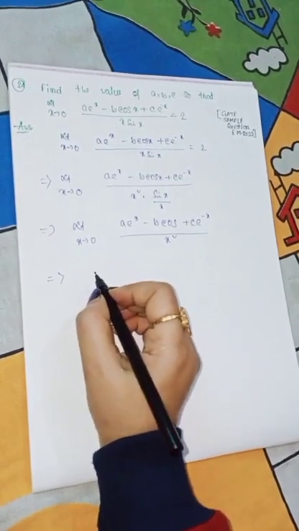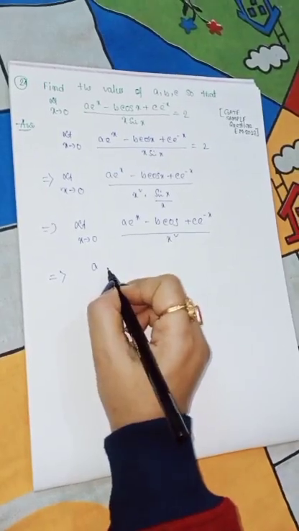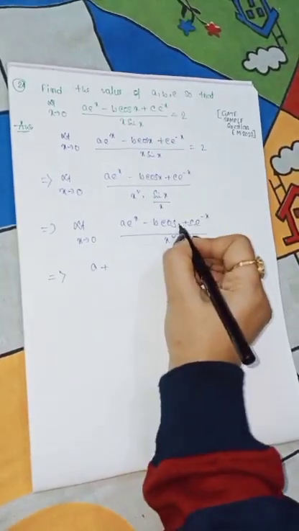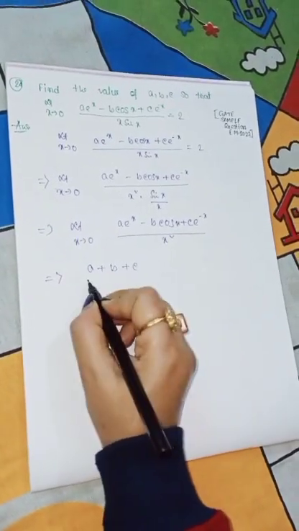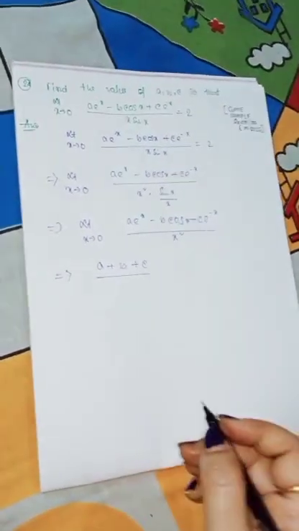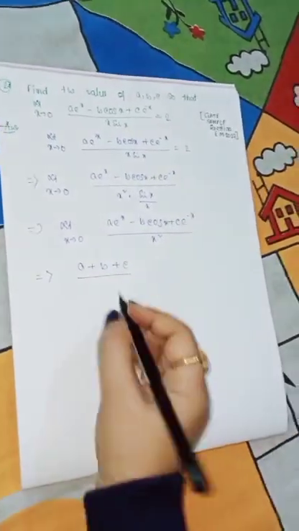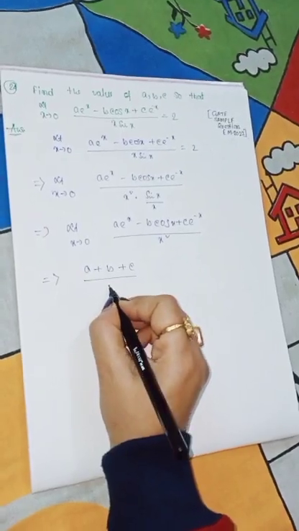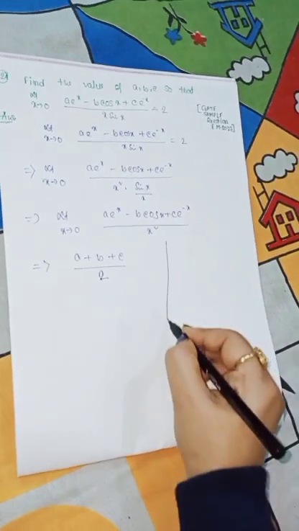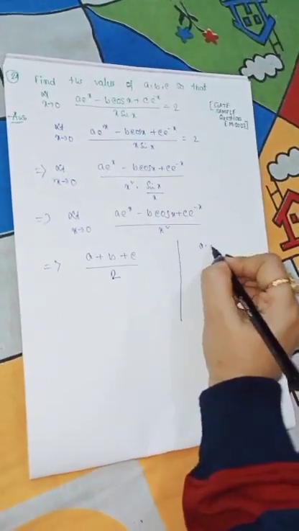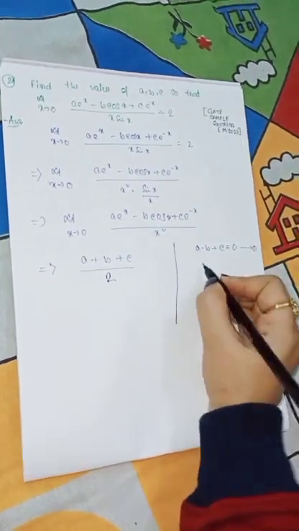So here we get a into e to the power 0 minus b cos 0 plus c, with x square in the denominator, and this is equal to 2. As because a minus b plus c is equal to 0, this is equation 1.